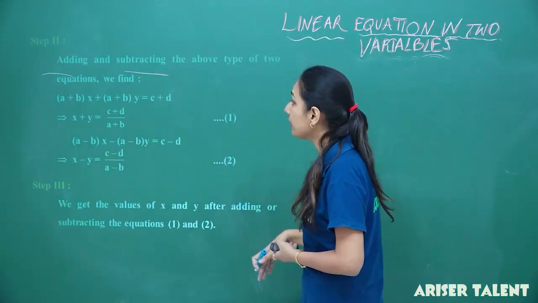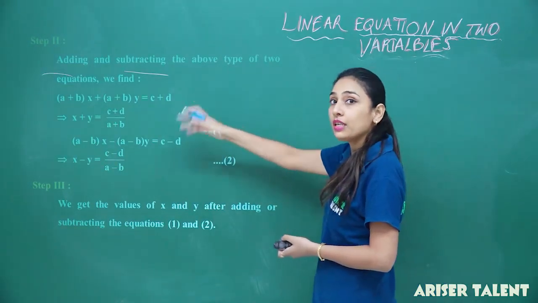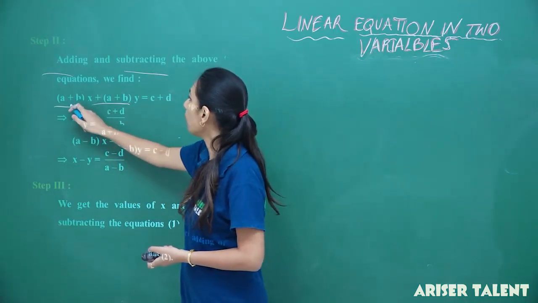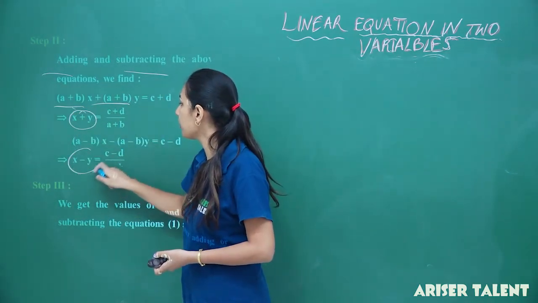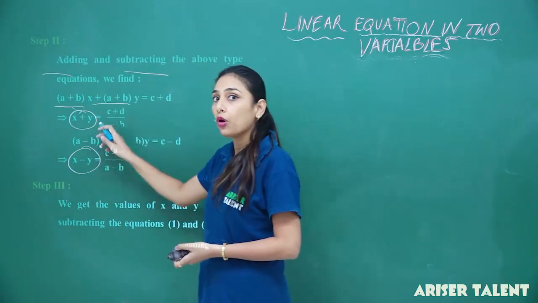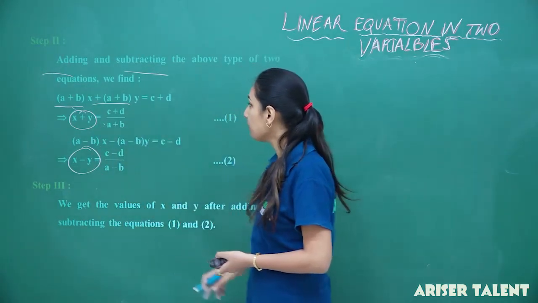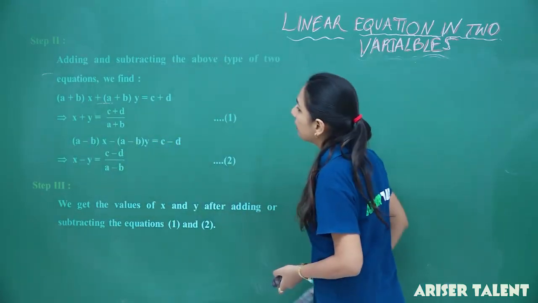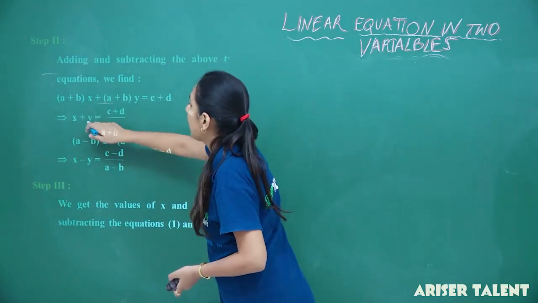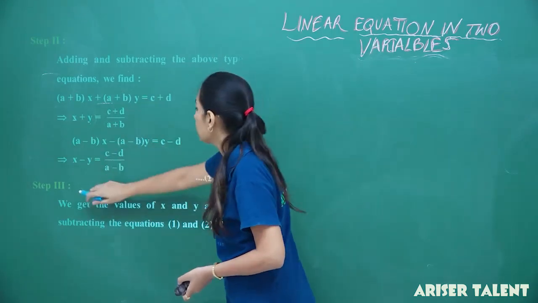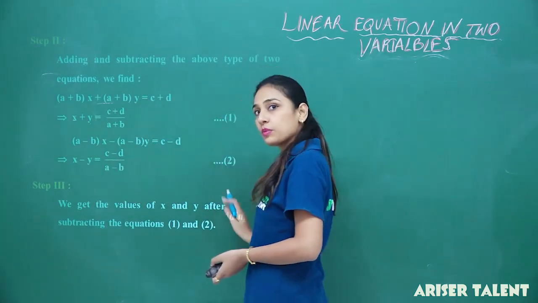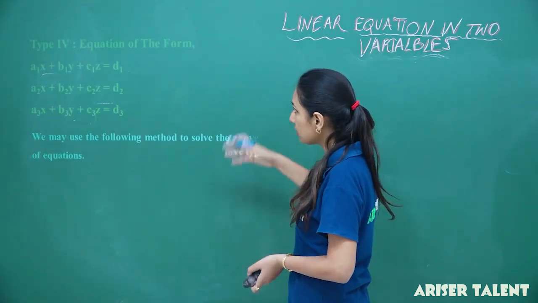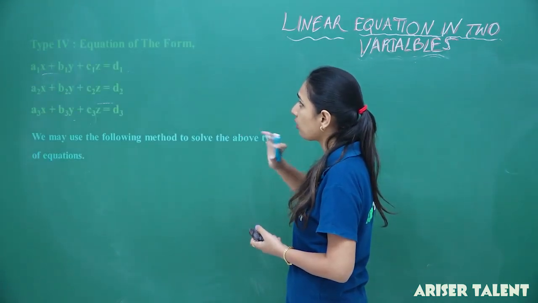So, we change the format here, and then we add both equations and subtract both equations, and we find this. After that, we have x plus y equals some constant and x minus y equals some constant, and we get the values from there and we have the solutions. We have discussed the problems of them.